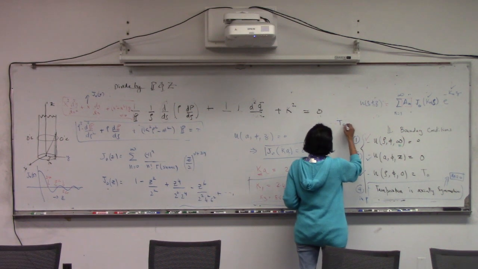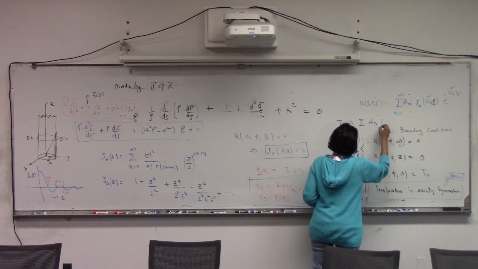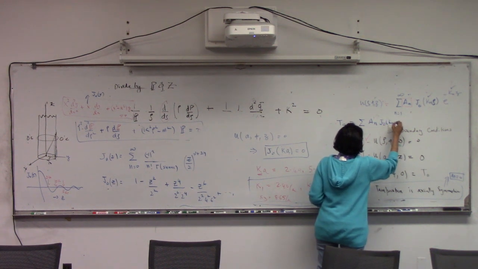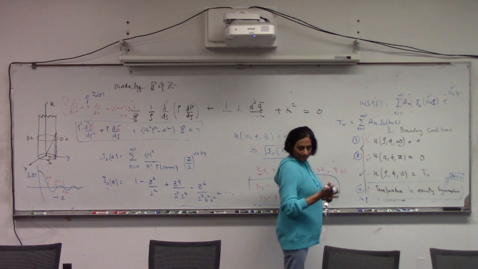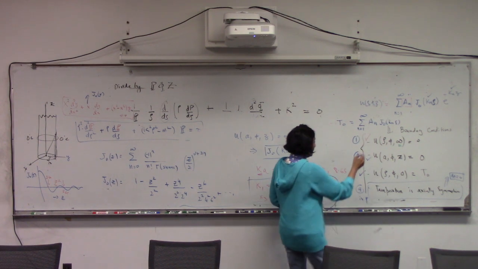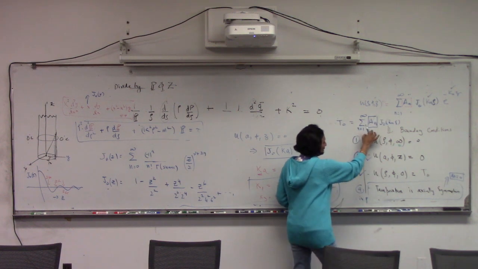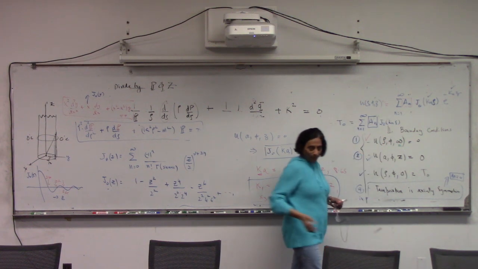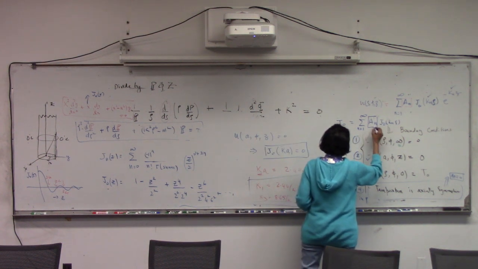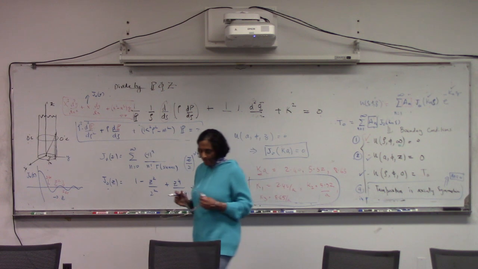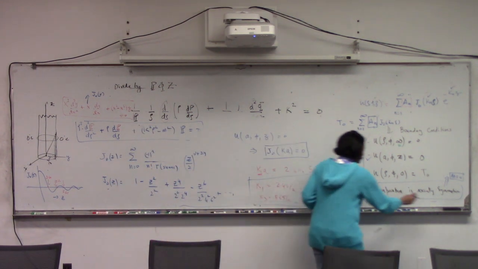I can write T naught equal to summation An J0 Kn rho, n going from 1 to infinity. I'm further simplifying to get my A sub n, and once I determine that, I'll come and plug my An from there. Now what else can we do to calculate An? This is where we applied the fourth boundary condition also.